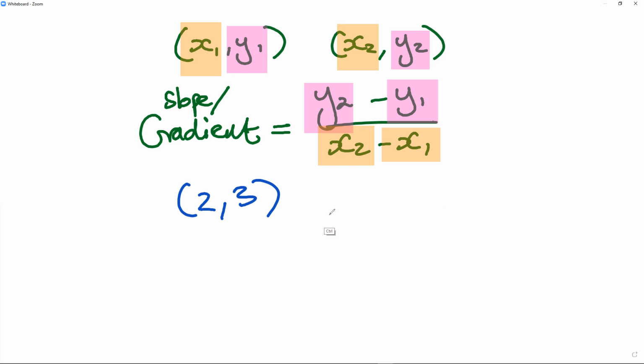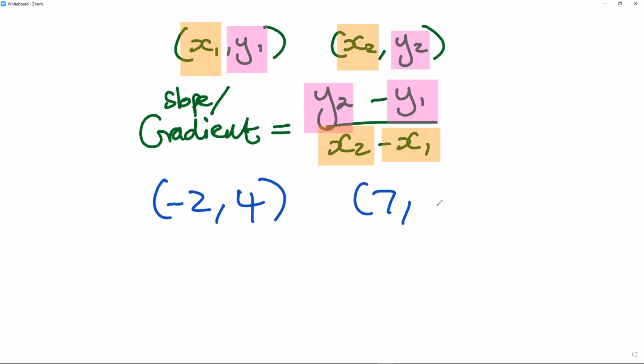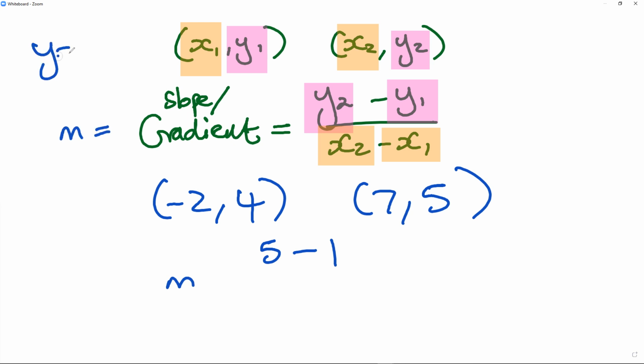Okay, let's change it up a bit. Let's take these values and add a negative in there now. Negative 2, 4, and 7, 5. Remember, y2 minus y1, so it's 5 minus 4. I'm just going to call it m now because this is actually the value that goes in your straight line, that number next to x.